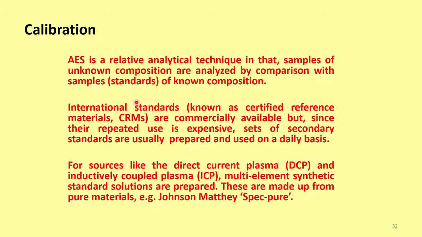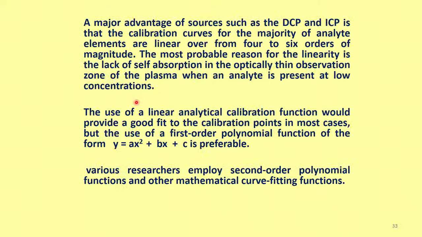So, for DCP and ICP we can use multi-element synthetic standard solutions, and these are made up from pure materials, of course. Normally Johnson Matthey spec pure compounds are available at a cost, and you should be able to buy them in your laboratory for routine purposes. But remember, they are all secondary standards, not primary standards.